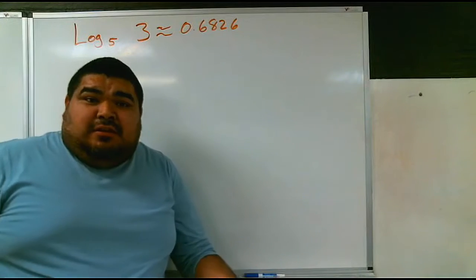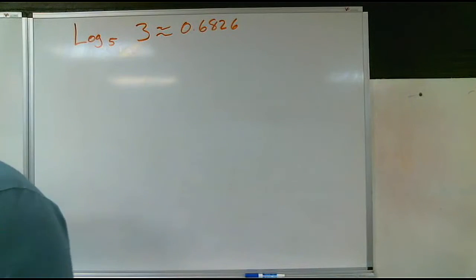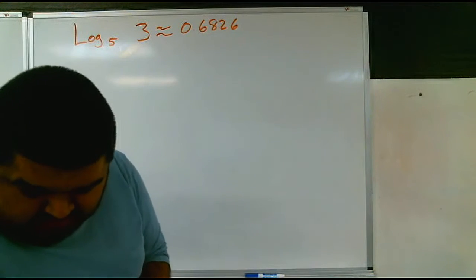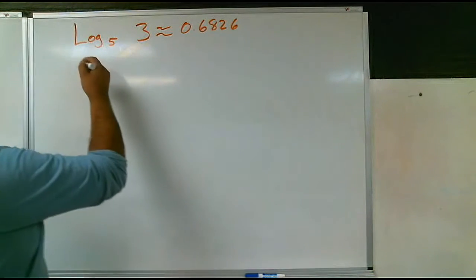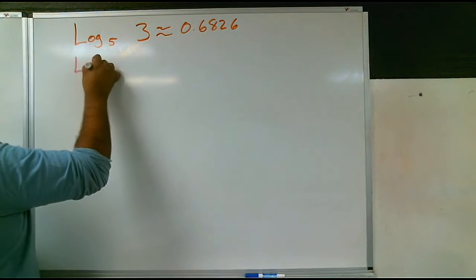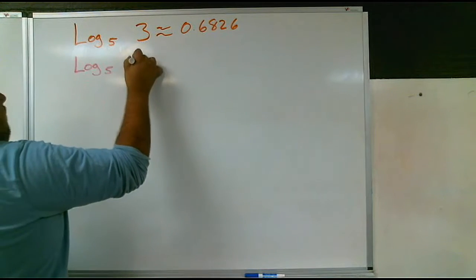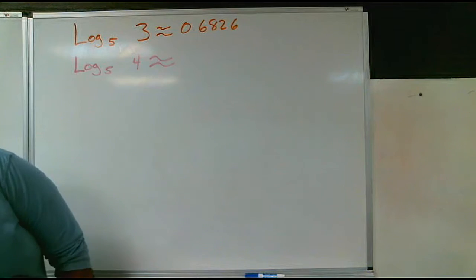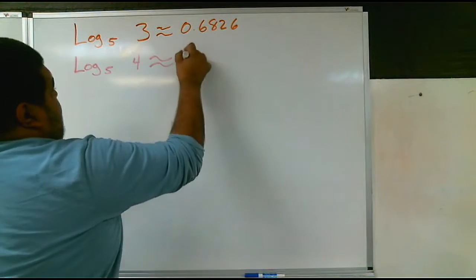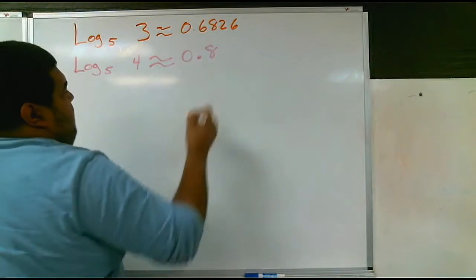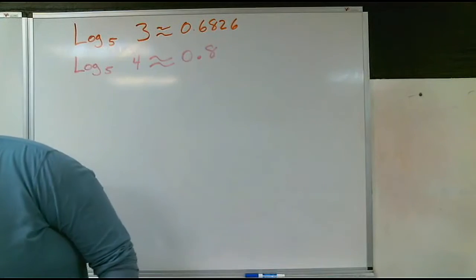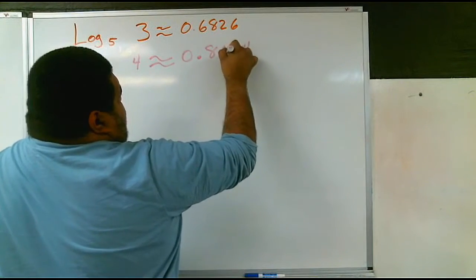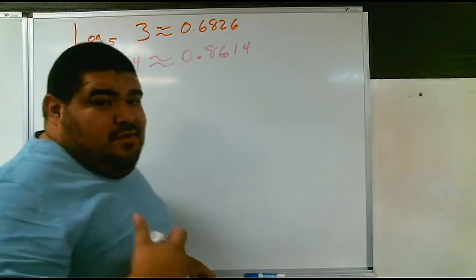But it also tells us that log base 5 of 4 is approximately 0.8614. And you can verify this.